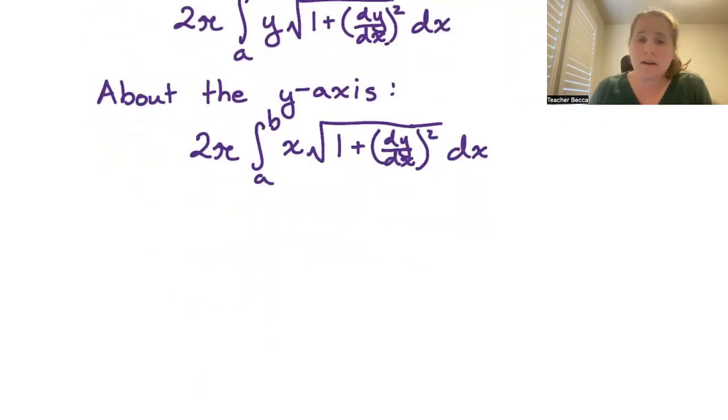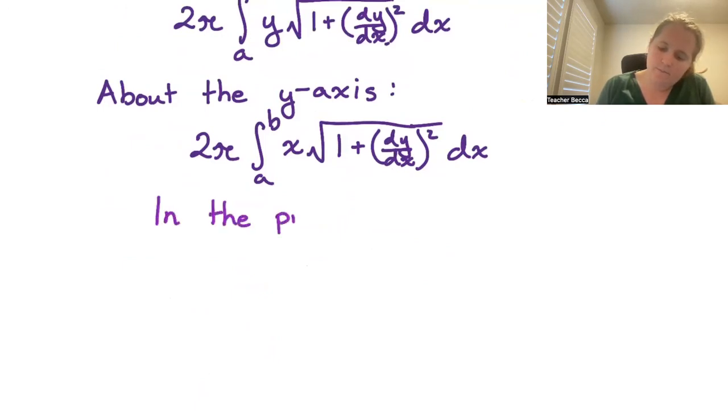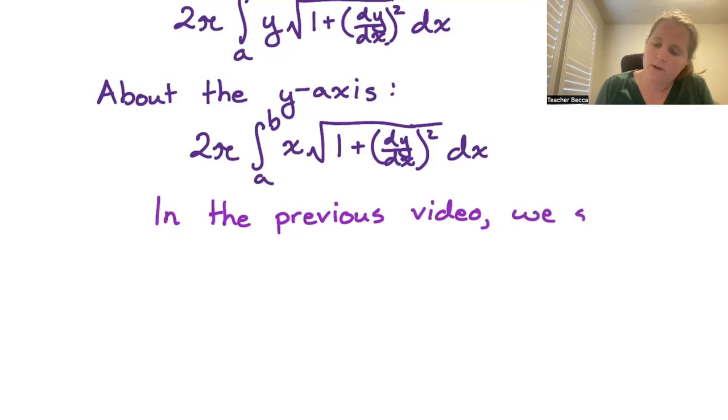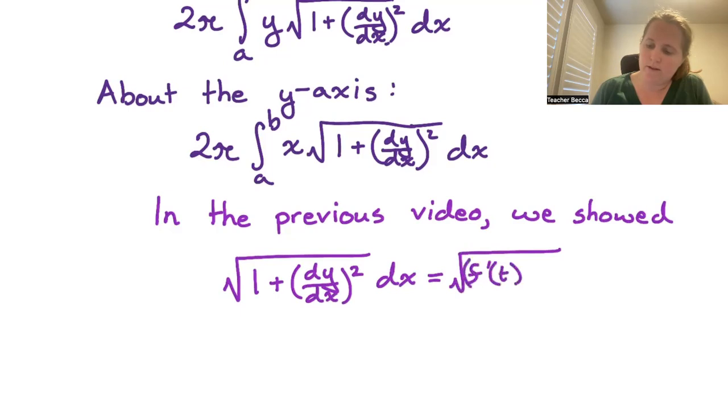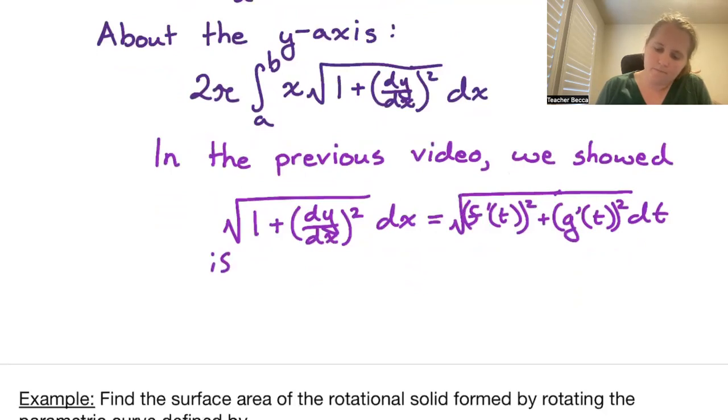In our arc length video, so in the previous video, we showed that the square root of 1 plus dy dx squared times dx was just equal to the square root of f prime of t squared plus g prime of t squared dt, if x equals f of t and y equals g of t.